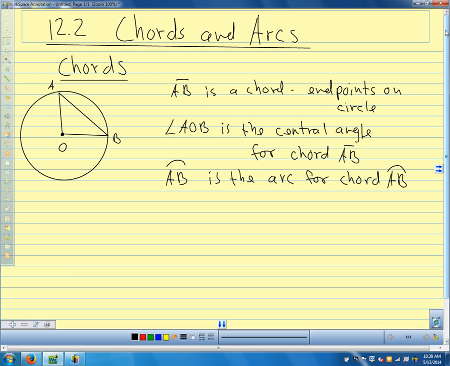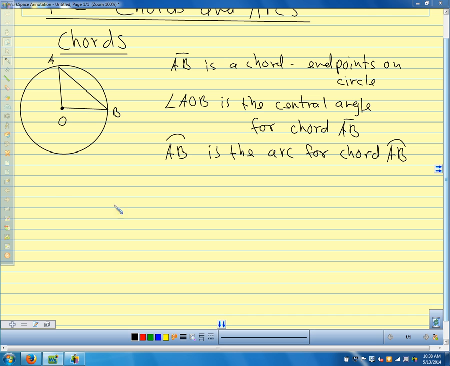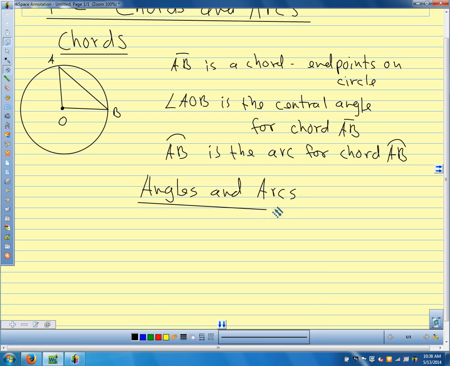Okay. So let's talk about how the chords, the central angle, and the arcs are related. We know a little bit about this already, but we're going to talk about comparing them. So angles and arcs, what we'll talk about first. And in all of these theorems that we talk about today, we're talking about in a circle.